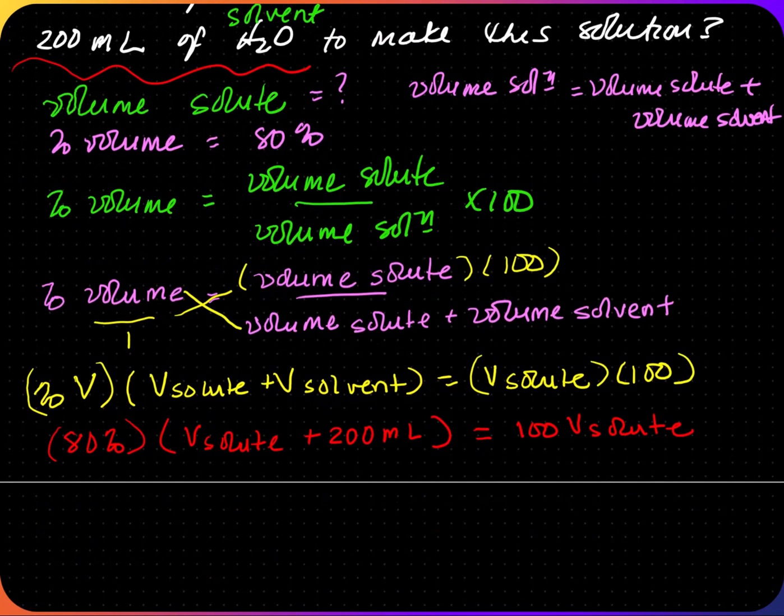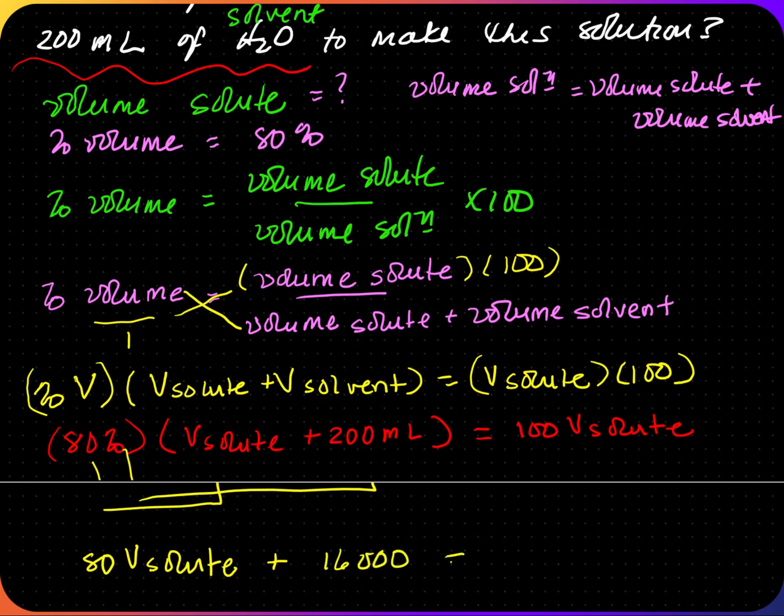So if I distribute the 80%, it's going to be 80% times V solute. So that's going to be 80 times V solute plus 80 times 200. So 80 times 200 is 16,000. This is equal to 100 V solute.